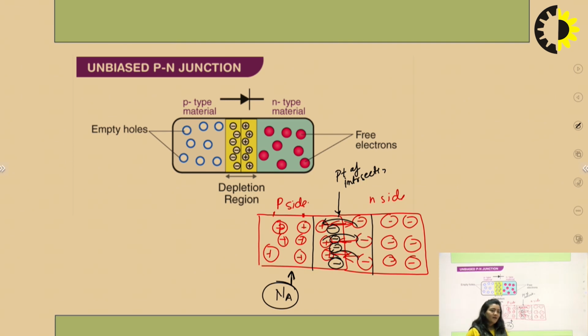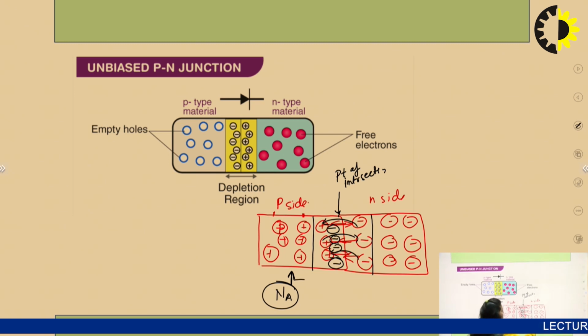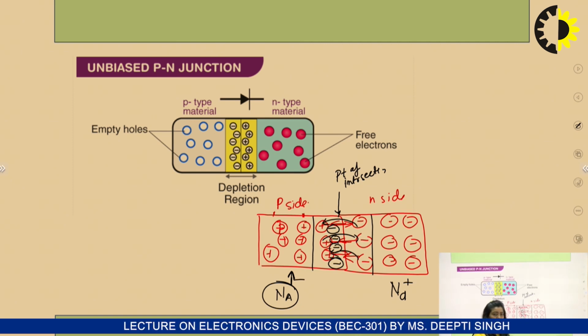So the acceptor ion has the charge property as negative, and the donor ion has a charge property as positive. Donor ions means it can supply extra electrons, so it is a donor atom, whereas the acceptor atom has a tendency to accept electrons.